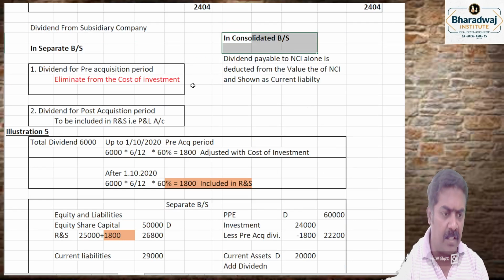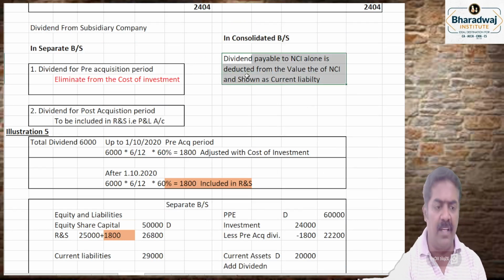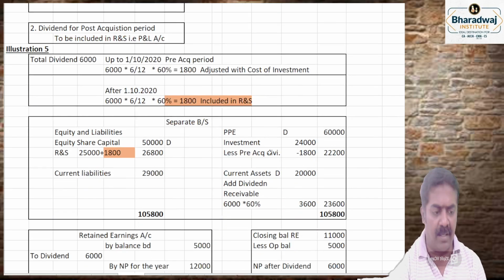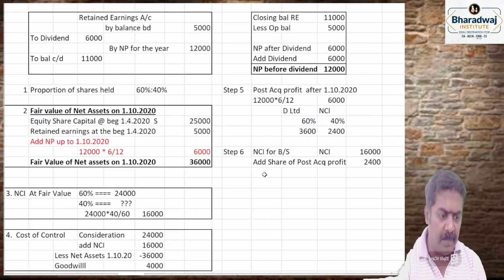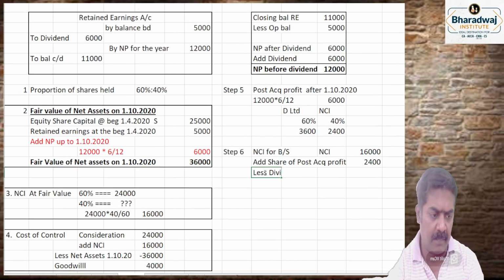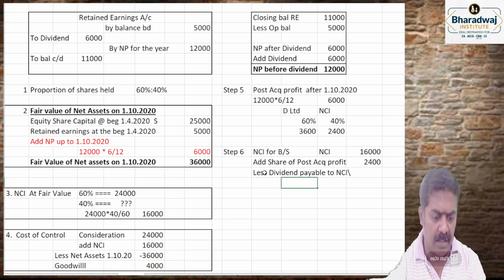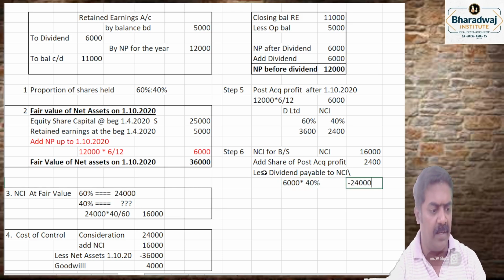In the consolidated balance sheet, dividend payable to NCA alone will be deducted from the value of NCA and shown as current liability. What is the dividend payable to NCA? Their share of the total dividend declared: 6,000 into 40%. This will be shown under current liability.